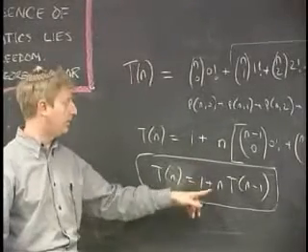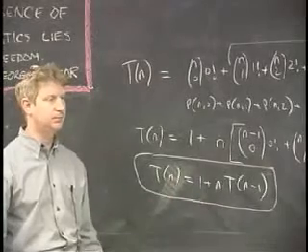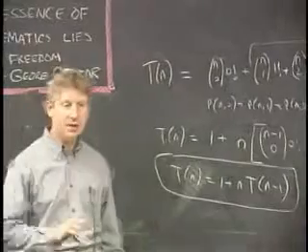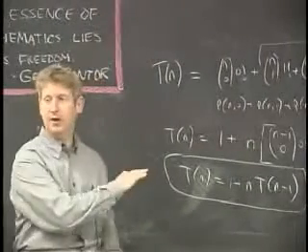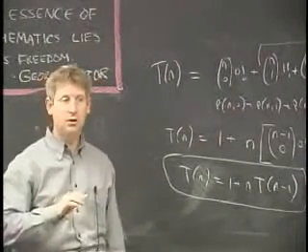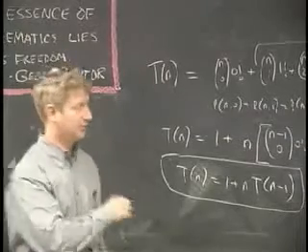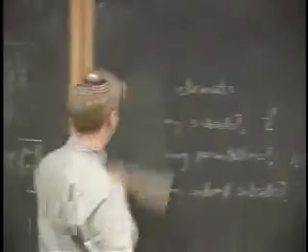Nobody knows a closed form formula for this as far as I can tell. As far as I know, nobody has a simple closed form formula. But there is a really nice thing you can do with this, because it's very close to a similar recurrence for derangements. And I want to make this connection and then show you something about the T of n here, and then we'll let this go as an interesting problem.